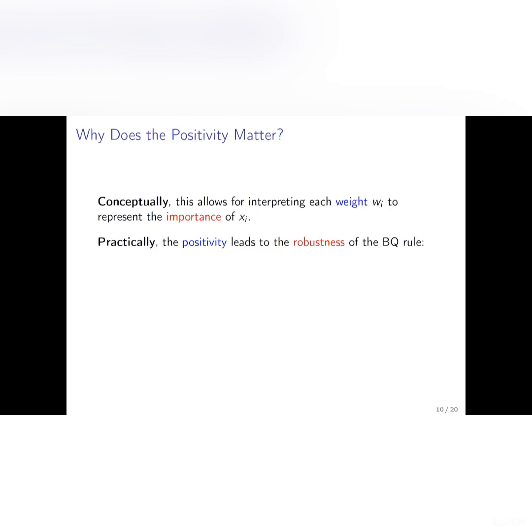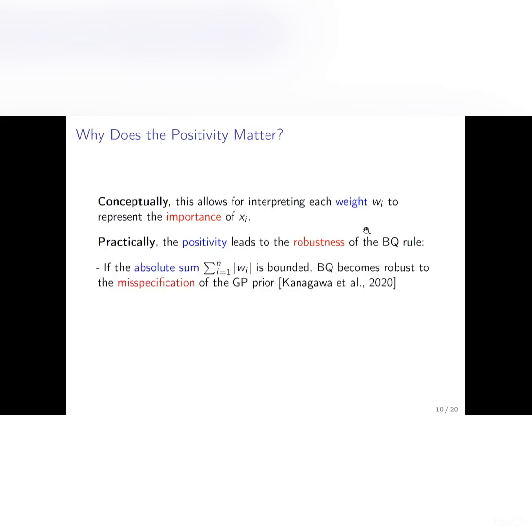And practically, this is a nice thing: you can show theoretically that if your weights are positive, then this leads to the robustness of the Bayesian quadrature rule. By robustness, I mean robustness to the misspecification of your GP prior, that maybe your GP prior might be smoother than the true integrand.